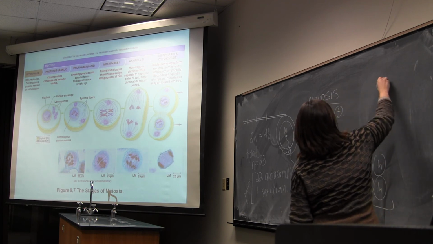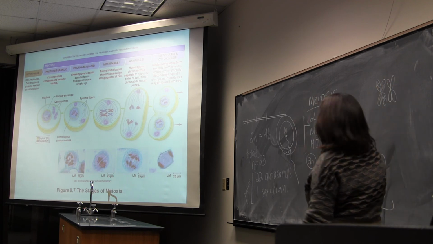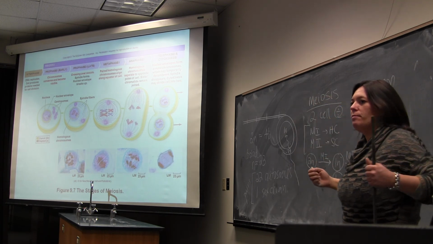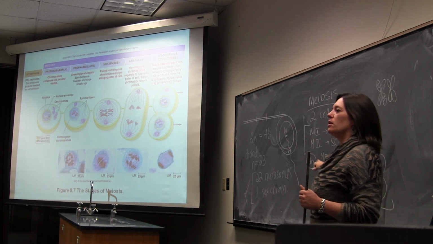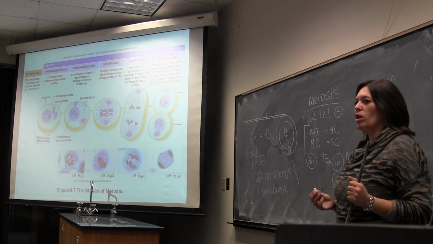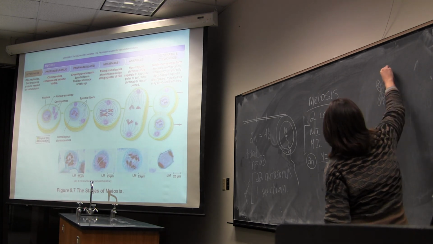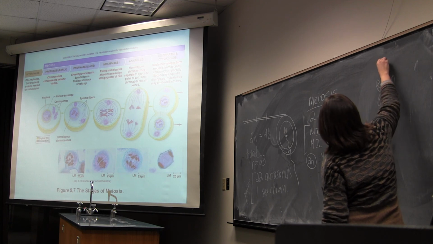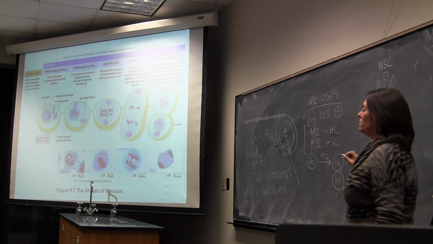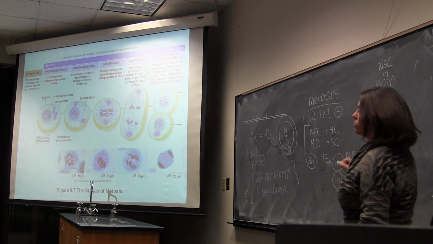One from mom, one from dad. And before we separate them in the first meiosis, they're actually going to switch pieces of DNA with one another. So what's going to happen is these non-sister chromatids, right? These two are sister chromatids, and these two are sister chromatids.